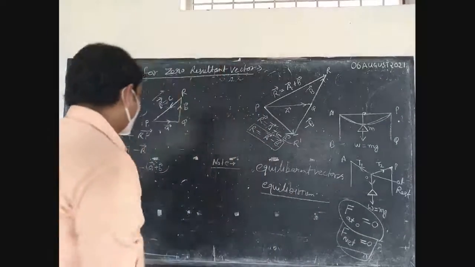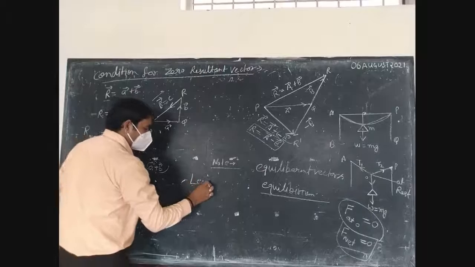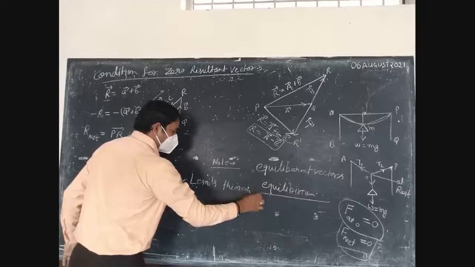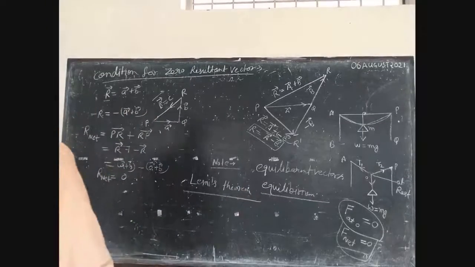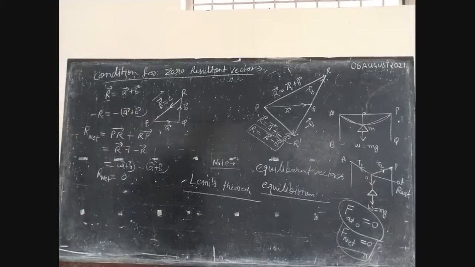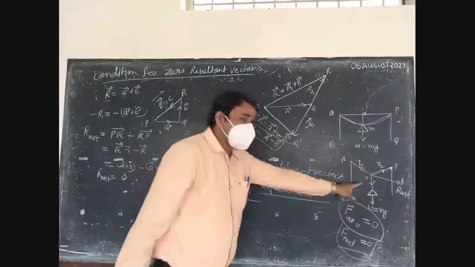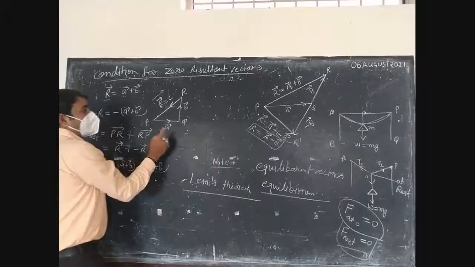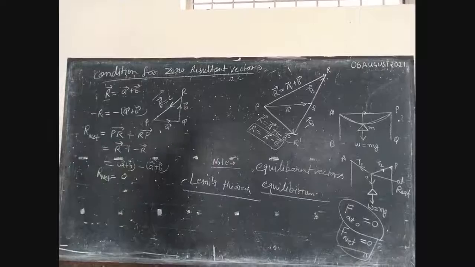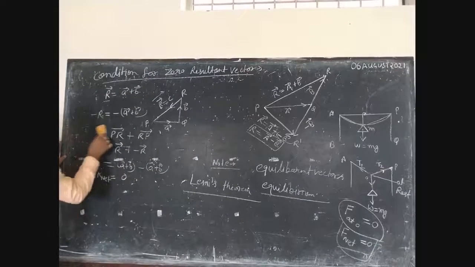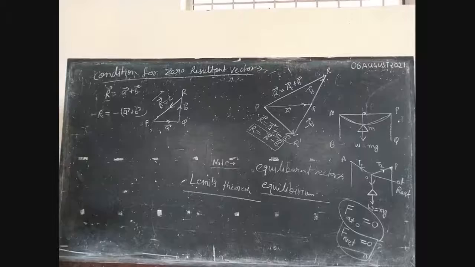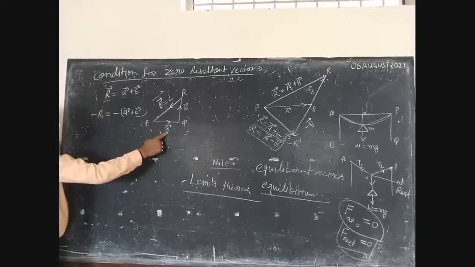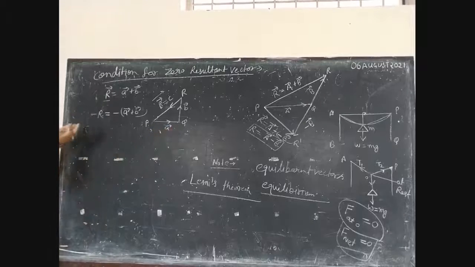Just write it. Lami's theorem. One minute. When we get this situation, from this triangle, again I will form this. Then the vectors acting along the sides of a triangle are always in proportion.